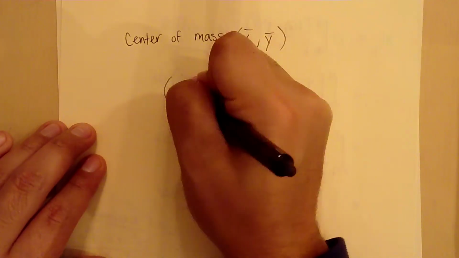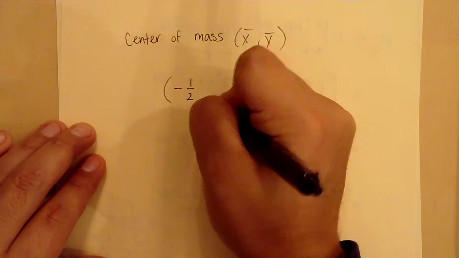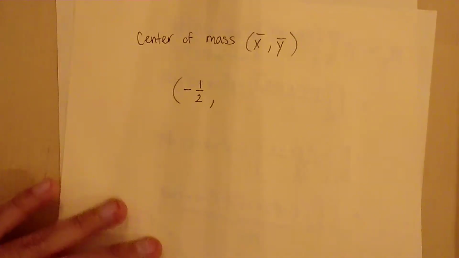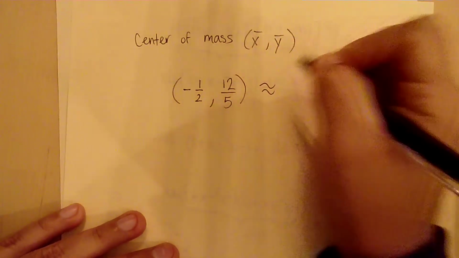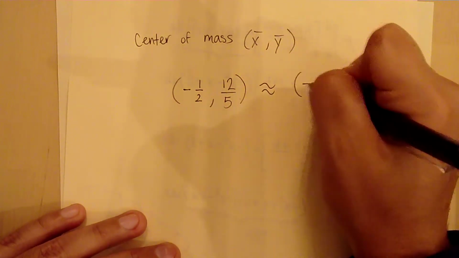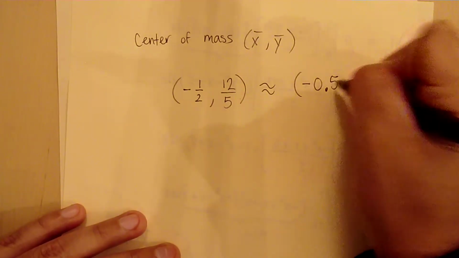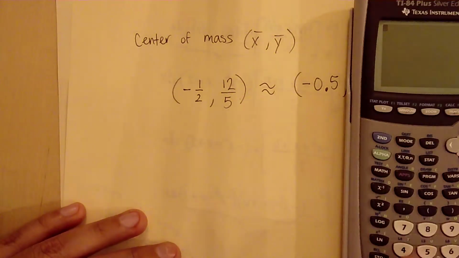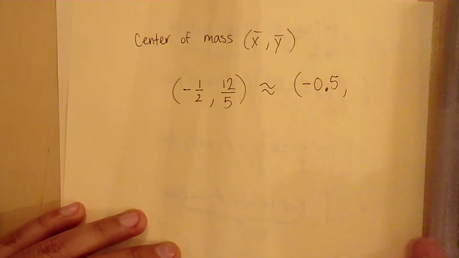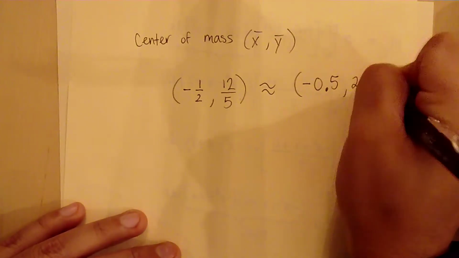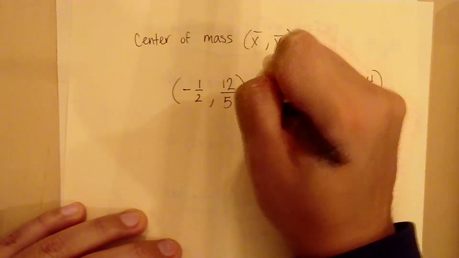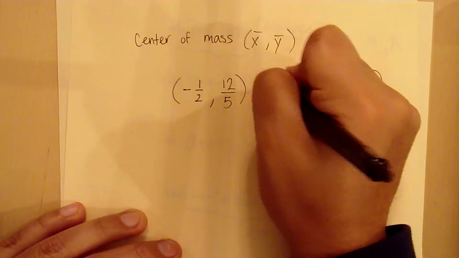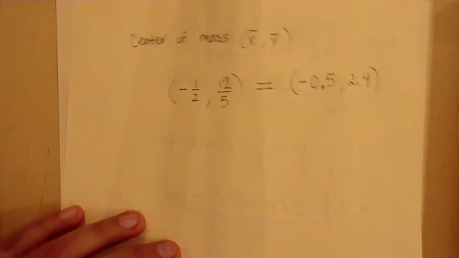What we found was that this should be at -1/2, and then we found this to be 12 over 5. And if you really wanted this in terms of decimals, which I very much disdain, that would be -0.5, comma, 12 over 5 is just 12 divided by 5, so that's 2.4, right? And that's going to be an equals, since those are terminating decimals, so those are equivalent to each other.